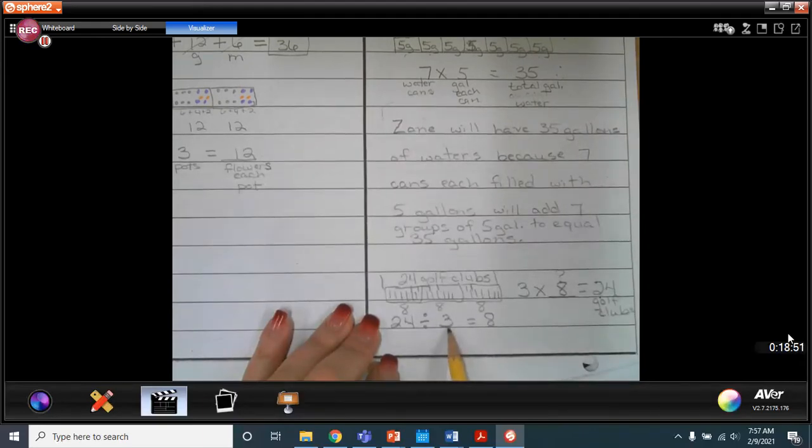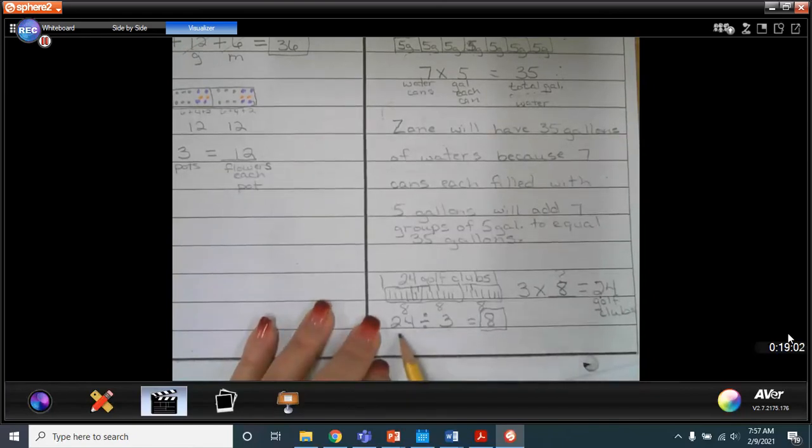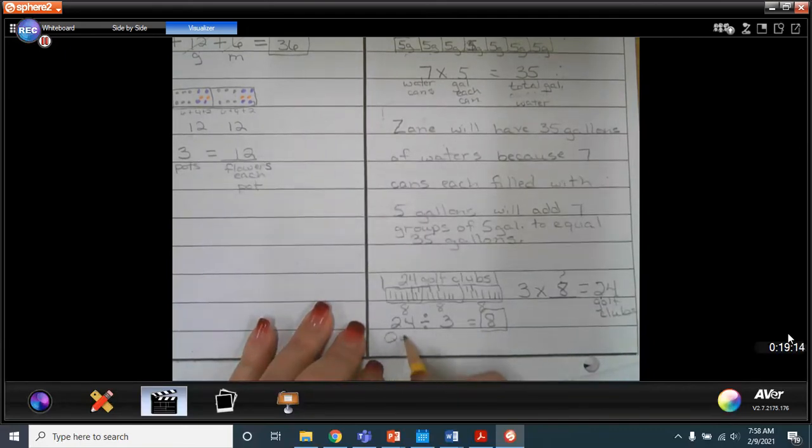I have the 3 in my problem, and this is what my question is asking me for. So I can use multiplication to help me with my division, but really what I'm doing is I'm using division to help me find how many objects are in each bag.